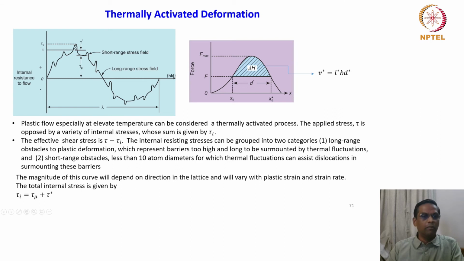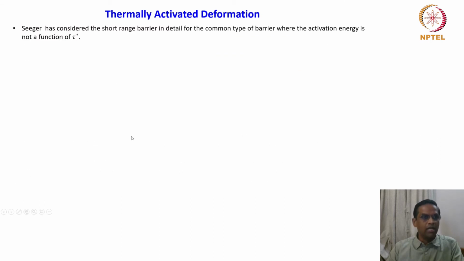What we have to now understand is the following. Seeger has considered the short range barrier in detail for the common type of barrier where the activation energy is not a function of tau star. This condition applies to the intersection of dislocations and movement of jogs.